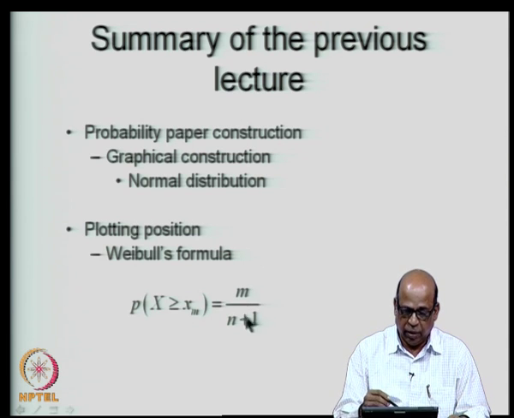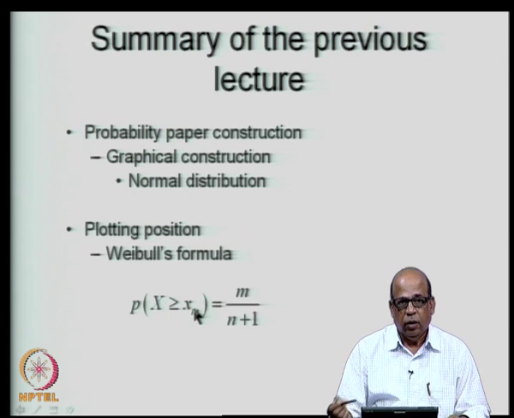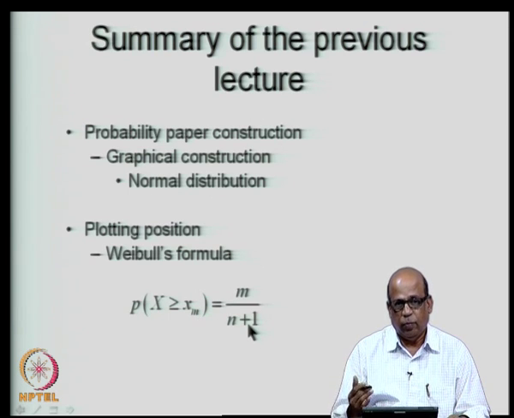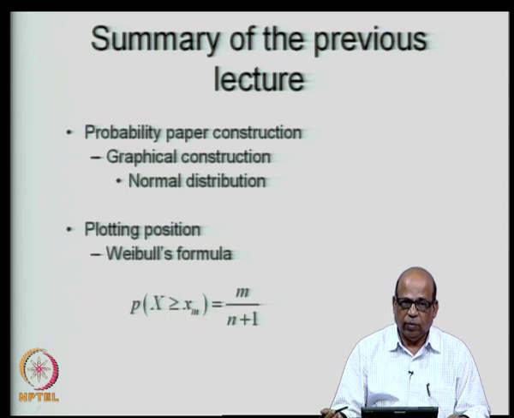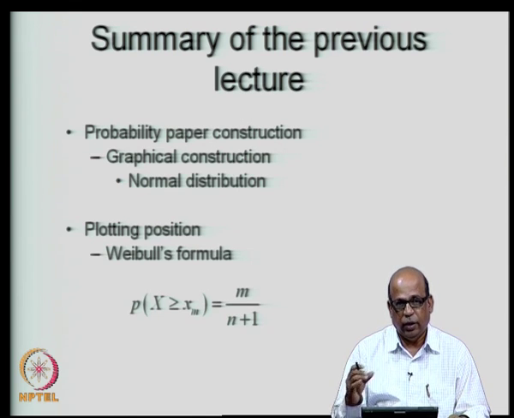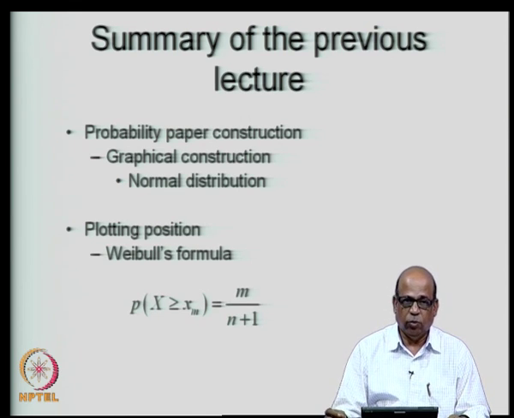So, m divided by n plus 1 gives you the plotting position for the particular value x m. We use the plotting position and then plot the data on the probability paper and examine whether it can be approximated as a straight line. If we can, then we can reasonably assume that the sample data comes from a population that follows normal distribution.